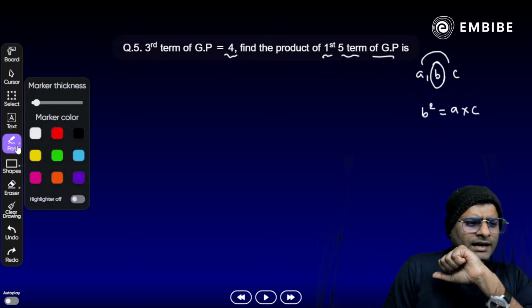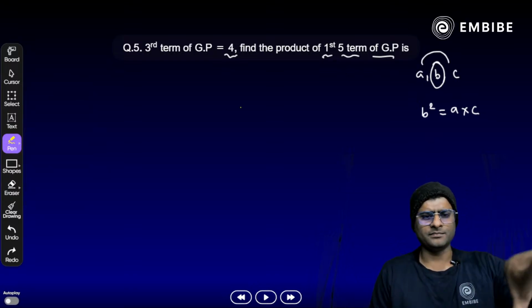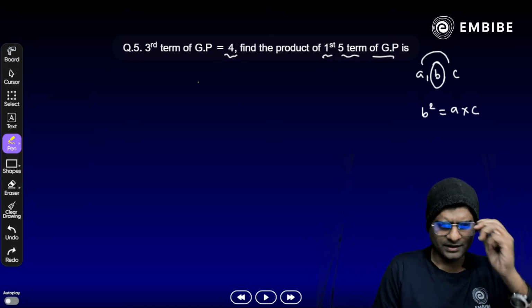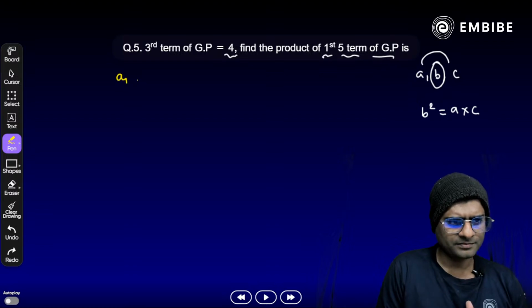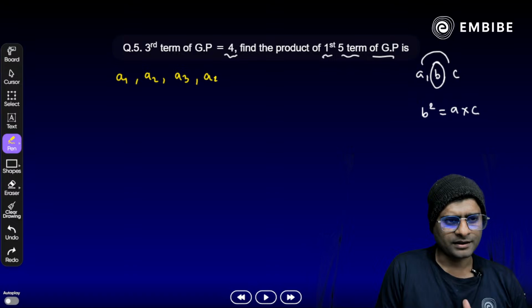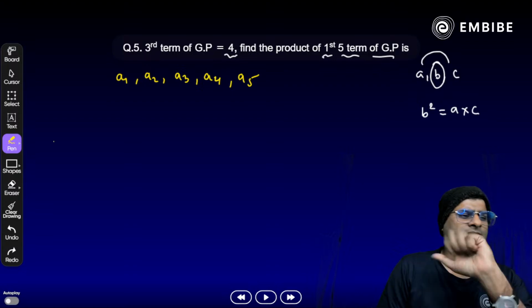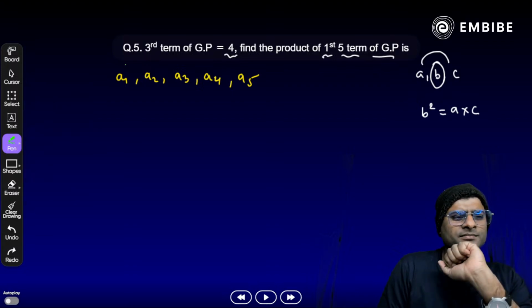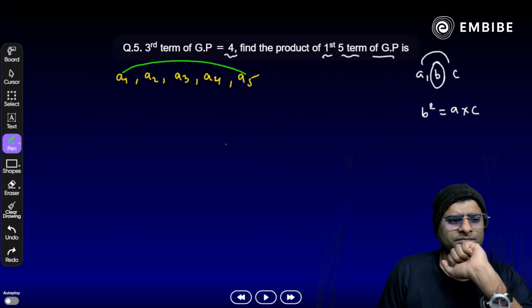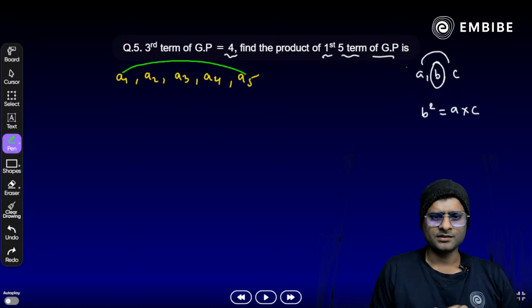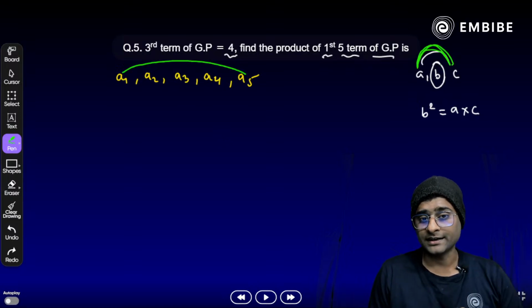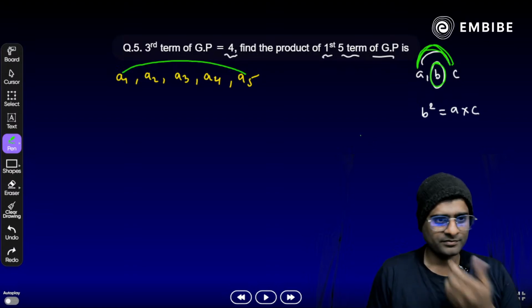Similarly, if we have 5 terms in a GP, we just need to write down A1, A2, A3, A4 and A5 here. If we take the first and last value, A1 and A5, once we multiply, it is equal to the square of the middle term.